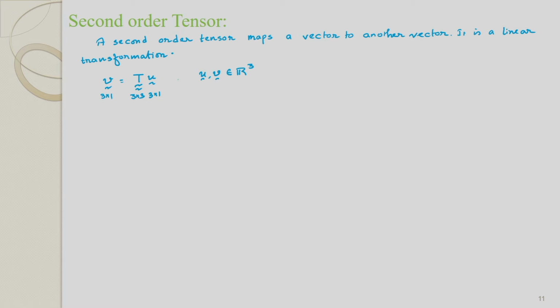Now, by linear transformation we mean, if we operate a second order tensor on this vector which is a linear combination of U and V, then this is nothing but this.